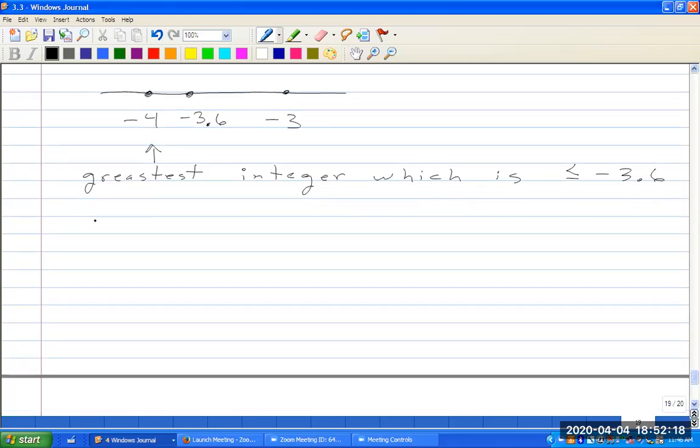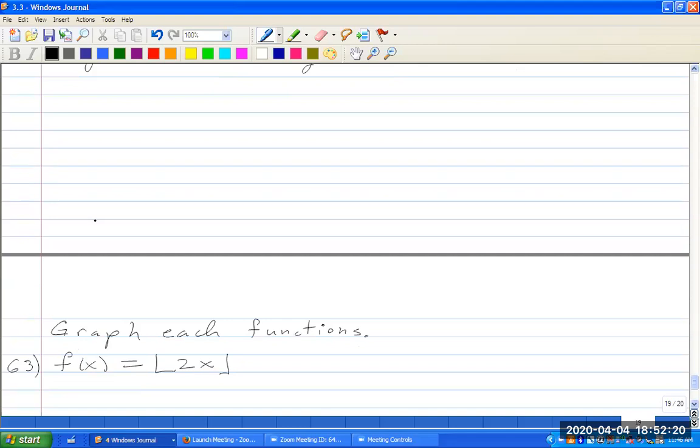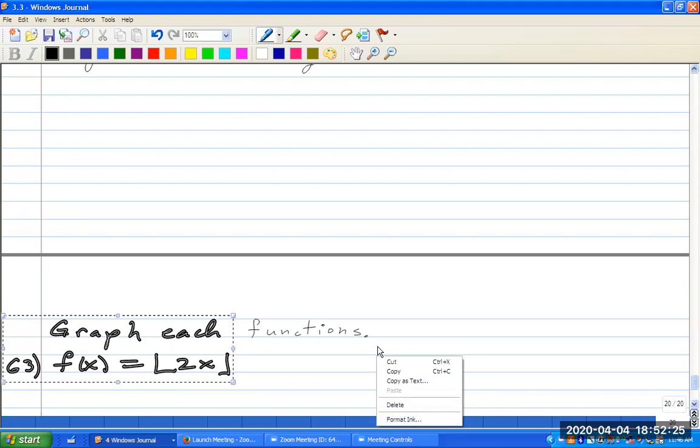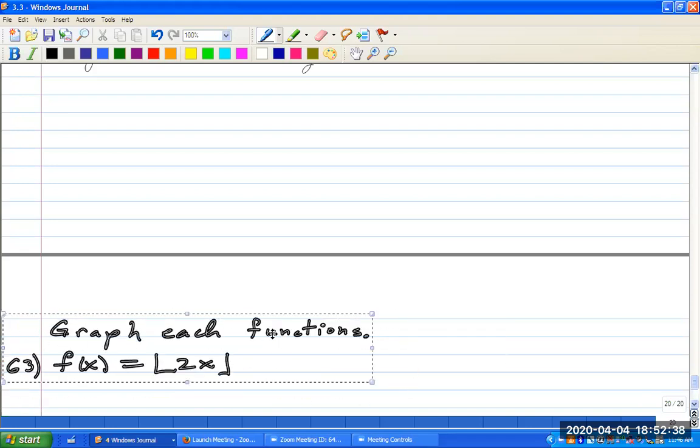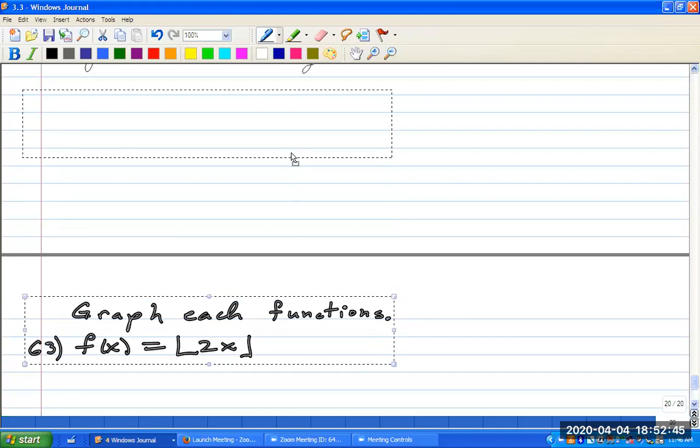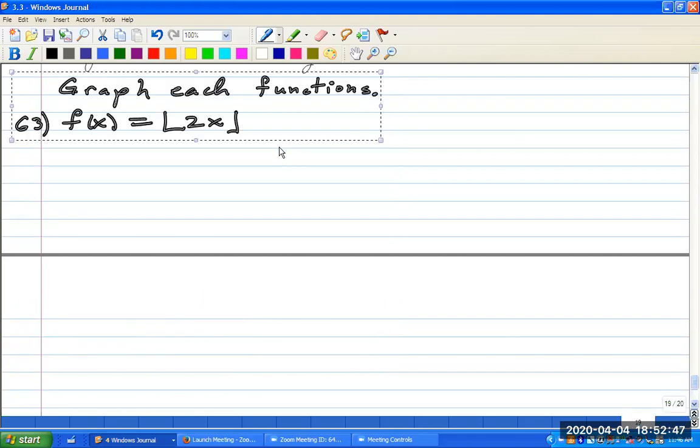Let's do the next one. So let's move this up. Okay, it just says graph each function.